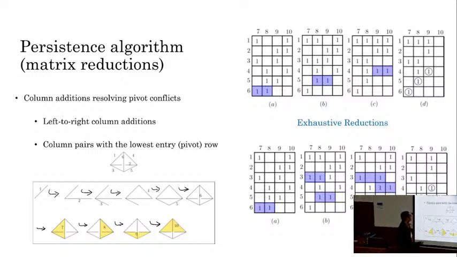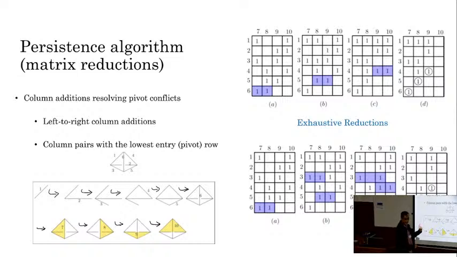In this case, triangle 7 and triangle 8 have a conflict in the pivot row. Both are 1. Whenever there is a conflict, you add columns from left to right, and again this is a Z2 addition: 1 plus 1 is 0. If I add this column to this one, I get exactly this column. You can verify, this has been zeroed out because 1 plus 1 is 0.